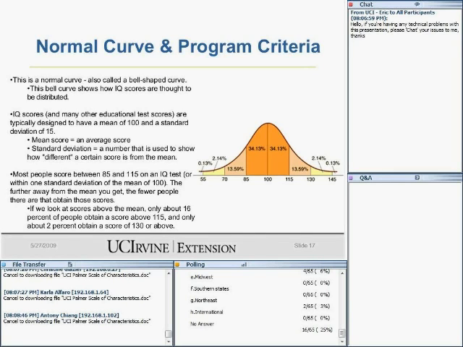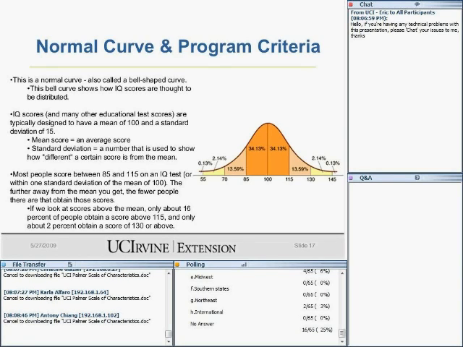And this normal curve, the way it's broken down, about 68% get between 85 and 115. So if you have between 85 and 115, that can be considered an average score. As you go out farther to the left, for example, fewer and fewer people get a score of 75 or 70 or 55. If you go to the right, it's symmetrical. In theory, it's symmetrical, and it fits the theory pretty well, but not perfectly. As you go to the right, fewer people get 115.